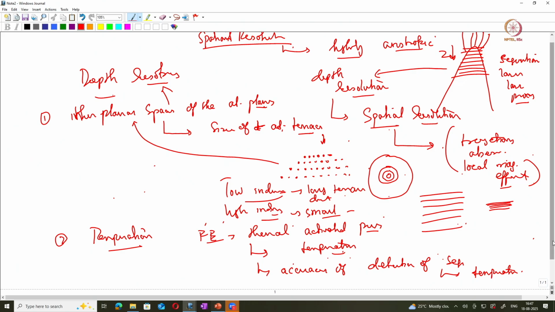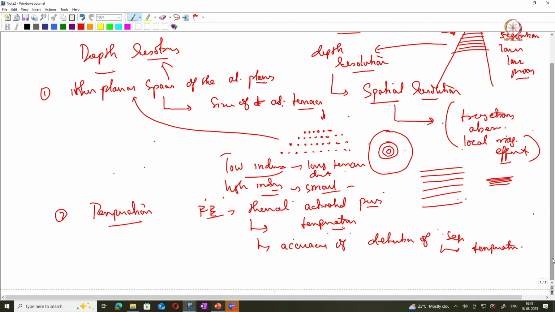This temperature effect also affects the size of the atomic terrace around the pole. That's why this has a direct influence on the depth resolution.